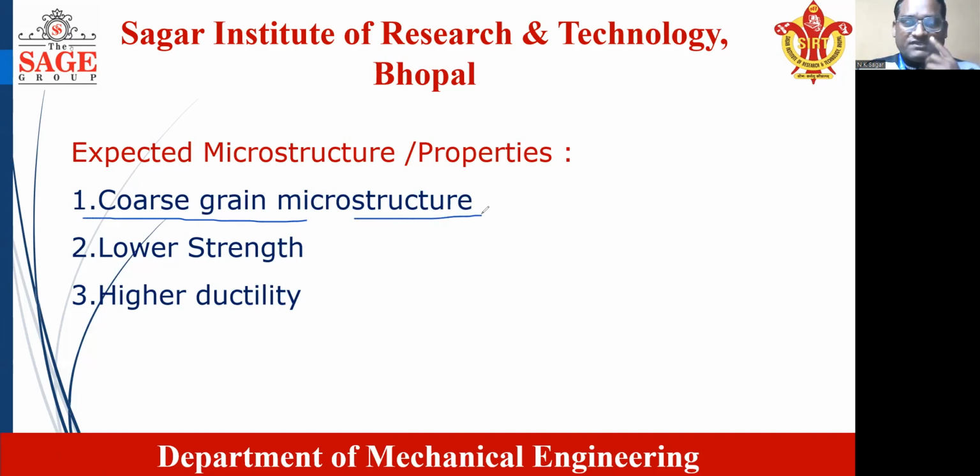After applying the heat treatment process, if the microstructure of the material is tested, a coarse grain microstructure will be found. And if we check the properties, you will find lower strength, but higher ductility. So these are the expected microstructure and properties of the metal or alloy after annealing.